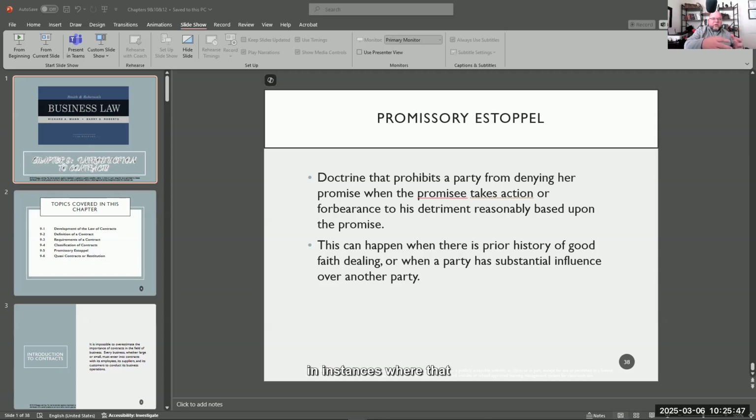Well, in instances where that doesn't happen, you may have to show the court that there is a history of good faith dealing, or show there was substantial influence which made the offeree completely believe that a contract will be performed, for promissory estoppel to kick in.